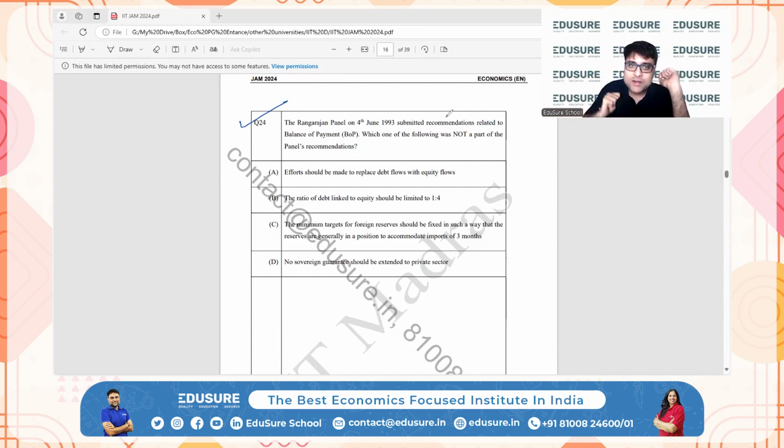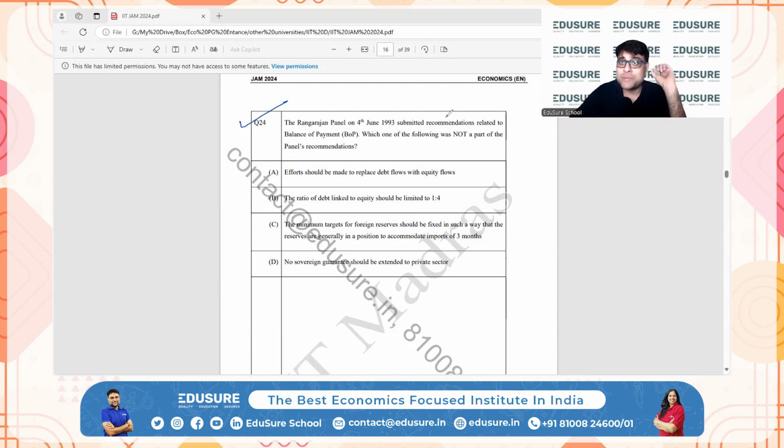Okay. Third, no sovereign guarantees to private sector borrowing. The panel recommended that the government should avoid giving sovereign guarantees for private sector borrowings to limit contingent liabilities on the public exchequer. Okay.